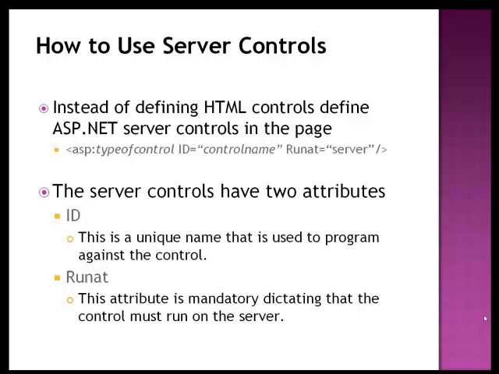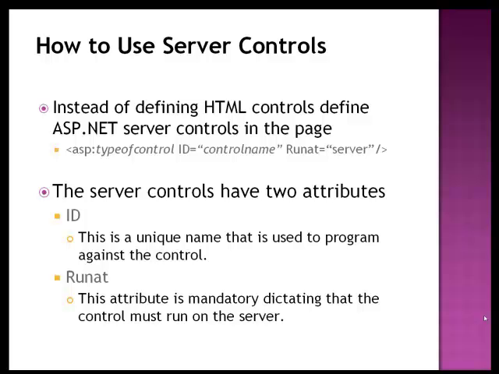The second attribute that the server controls have is the runat attribute. It is a mandatory attribute, and your engine uses it to see that this control must run on the server, must live on the server. If you don't put this runat attribute in your server controls, your engine will not be able to run them on the server.